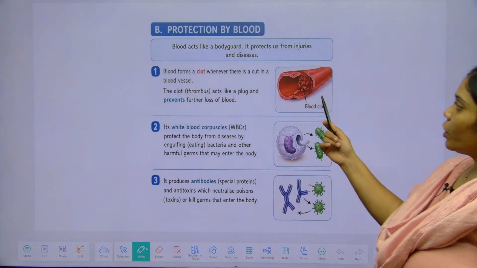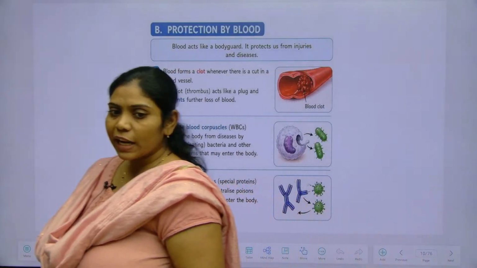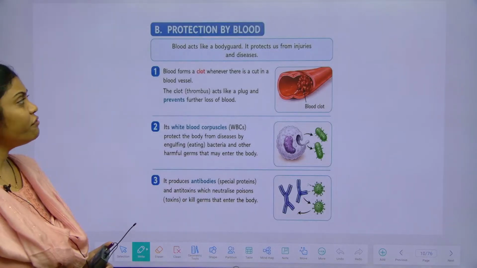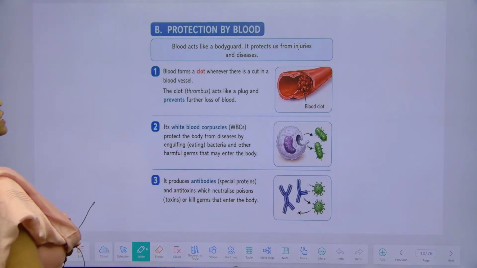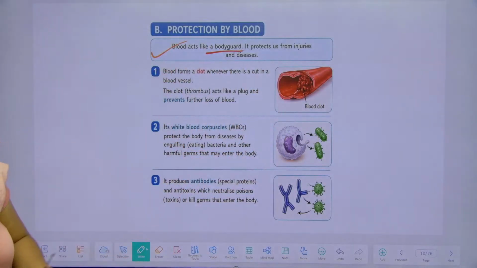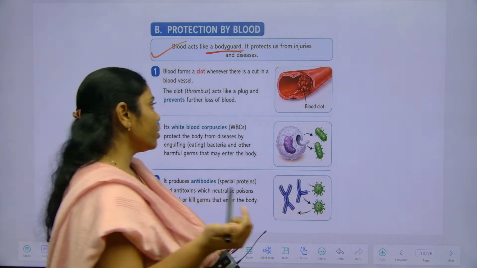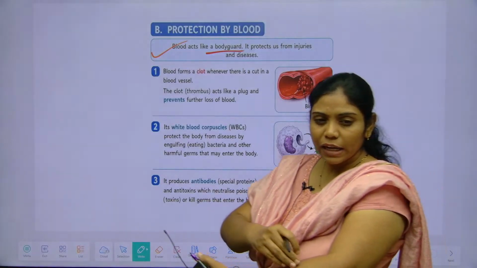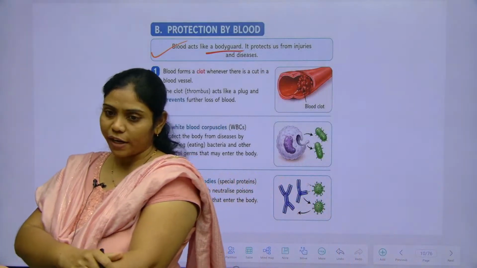Okay. Protection. Is our blood protecting us? Yes, of course, it is protecting. In which way is it protecting? We will see. Blood acts as a bodyguard. From where? Majorly from injuries. When an injury occurs, immediately what will happen? After some time we can identify some kind of clot outside.